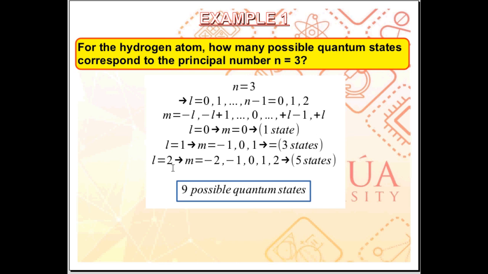For l equals 2, you have m equal to negative 2, negative 1, 0, 1, and 2. So 1, 2, 3, 4, 5 states. So 1 state, 3 states, 5 states, 1 plus 3 plus 5, that will give you 9 possible quantum states for the quantum number n equals 3.